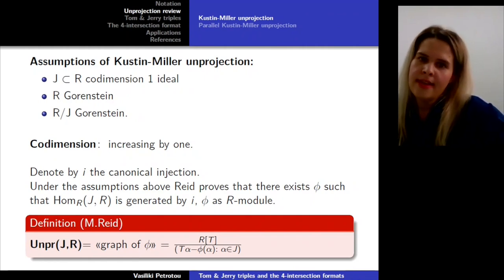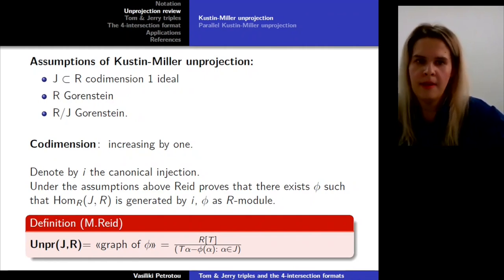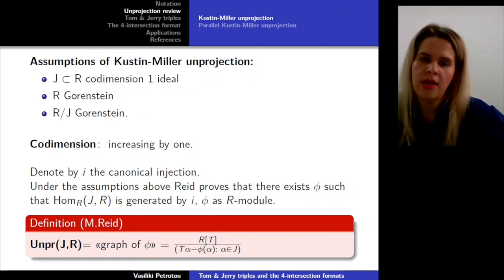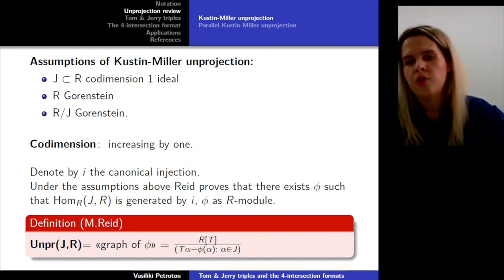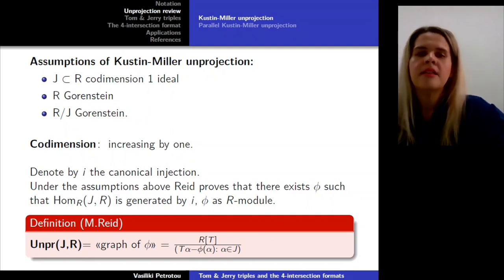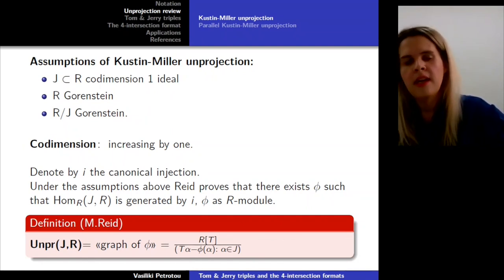The assumptions that we set in order to perform Kustin-Miller unprojection are the following. We have a codimension 1 ideal, which lives in a Gorenstein ring, such that the quotient ring is Gorenstein.